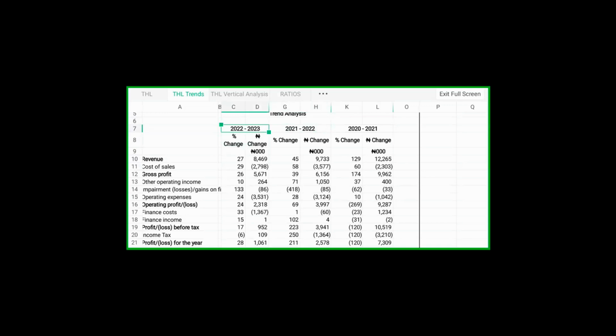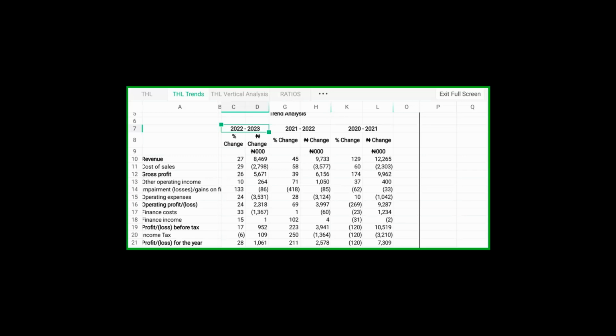So what we can see is that there is about 129% change in revenue between 2020 and 2021. Well, that is understandable because in 2020, due to the impact of COVID-19, the revenue was so low in that year, right? So that is the reason for the 129% change in revenue growth.